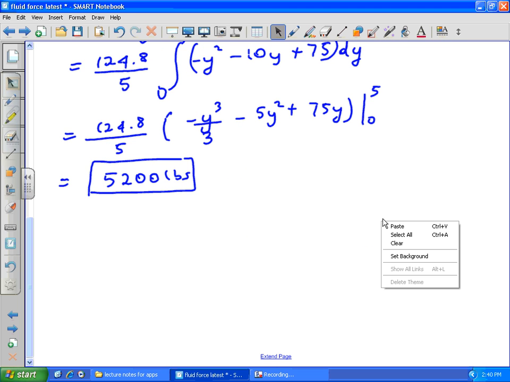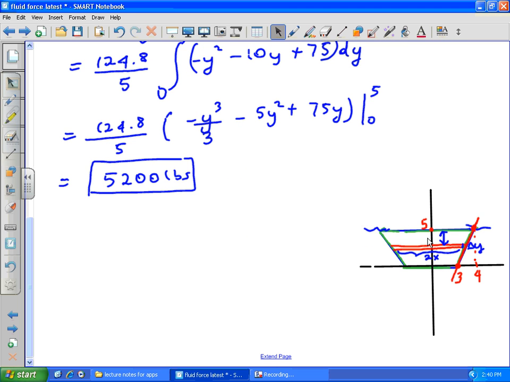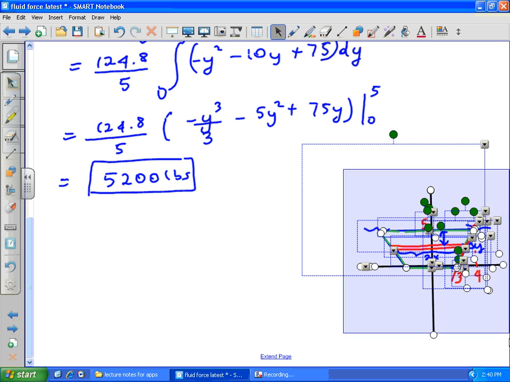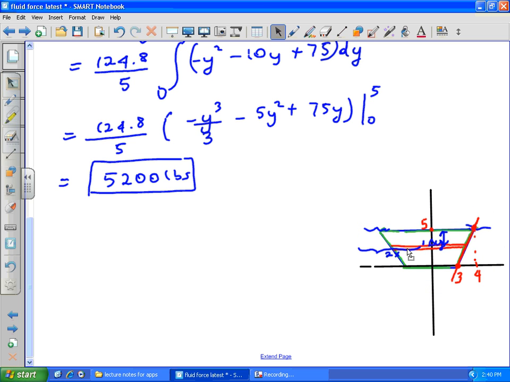Okay, I'm going to try to use similar triangle ratios in this case. But I need to clean up my figure a little bit better than that before getting started. So let me do that.